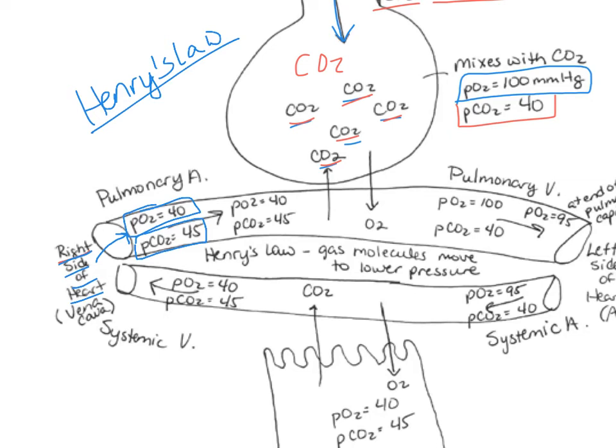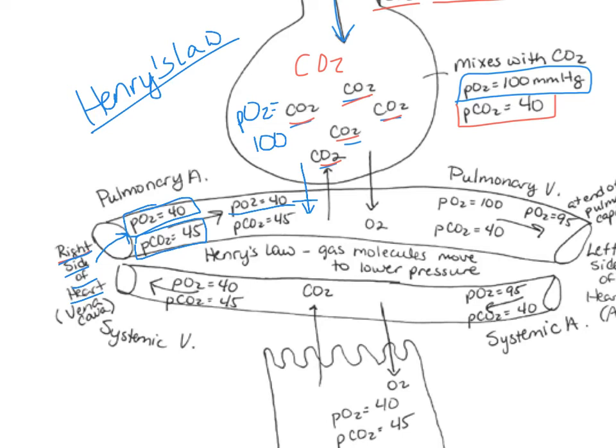So as the oxygen is coming up to the alveolus, and the PO2 is 40 millimeters of mercury, and in the alveolus, we have a PO2 of 100 millimeters of mercury, gas then, based on Henry's law, which way is oxygen going to want to diffuse? Into the blood, right? So that's important. We need to understand which direction these gases are moving.